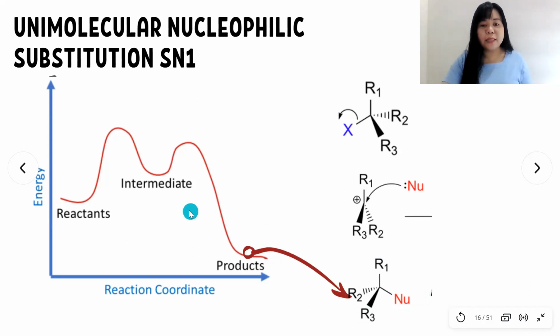And then also notice that there's an energy difference between the intermediate and the second transition state. So that would be equivalent to the second activation energy. Notice that the activation energy for the first step is greater than the activation energy for the second step in the reaction. It means that the first step is considered the slow step, which is rate determining.